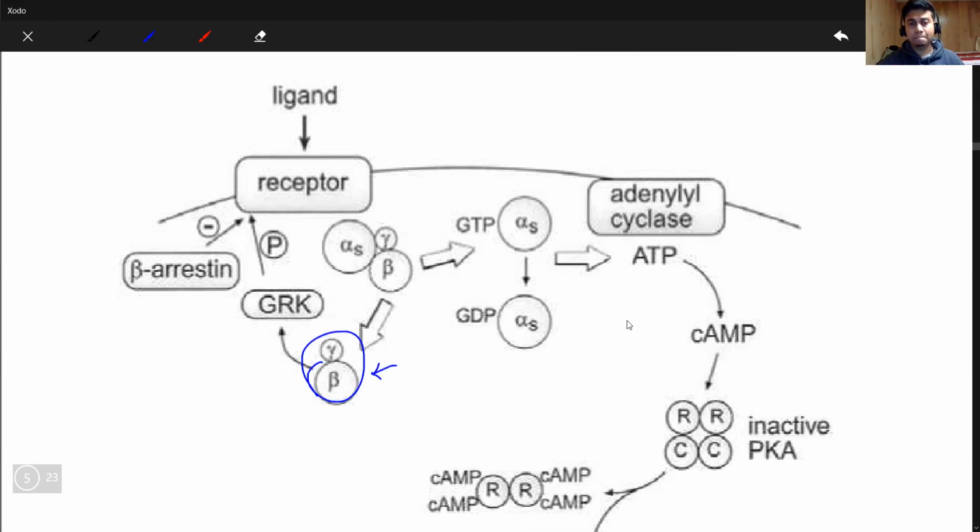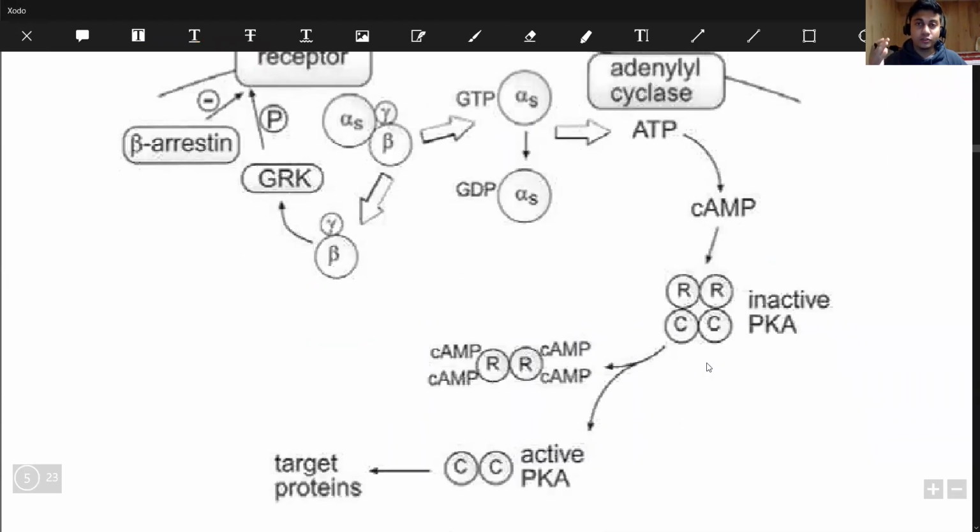This alpha subunit along with the GTP binds and activates the adenylyl cyclase, which leads to conversion of ATP to cAMP, and this cAMP activates the inactive protein kinase A to active protein kinase A, and that runs the subsequent functions or signals in the cell.